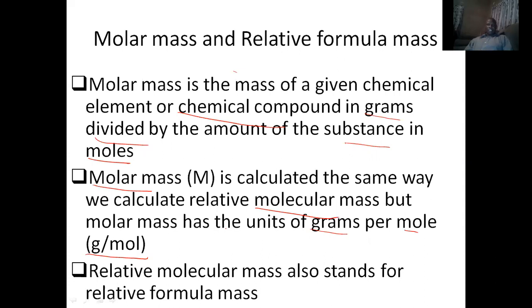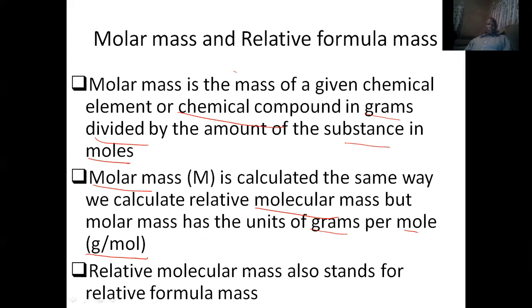And so this is key to the difference between molar mass and the relative molecular mass. Molar mass has units, grams per mole, while relative molecular mass has no units.